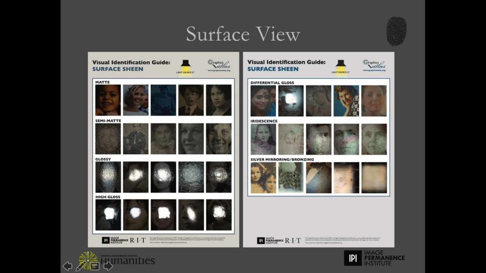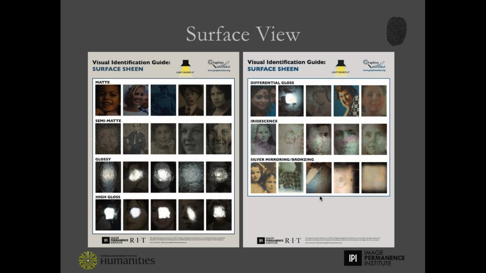This first example on the left is silver mirroring, and you can see that the image is also kind of yellow-brown. So with bronzing, the shadows will be mirrored, but the rest of the image looks pretty good. This third example in is actually bronzing. The image itself has not deteriorated. It looks pretty good, but the shadows look as if they have silver mirroring.